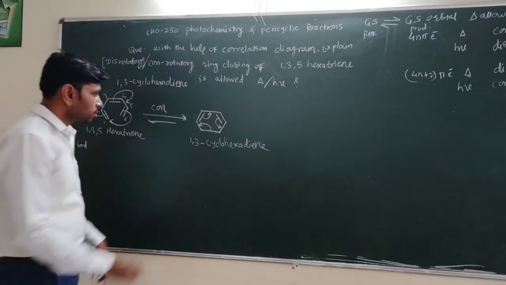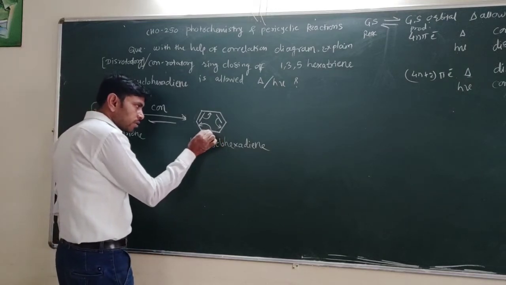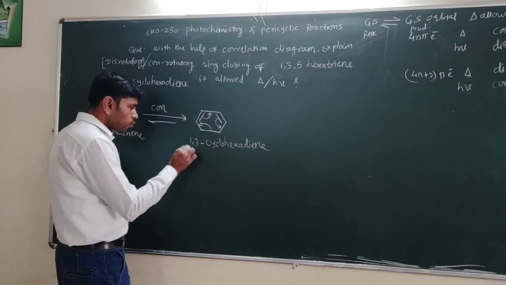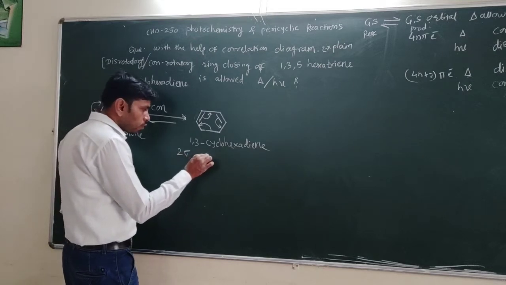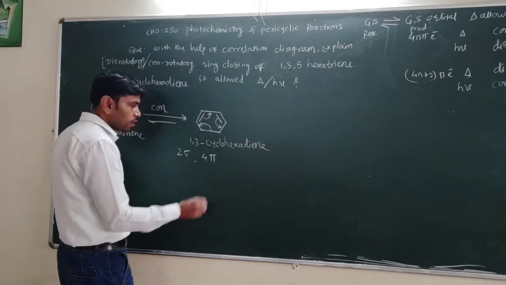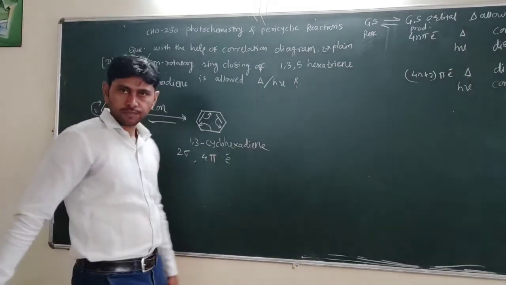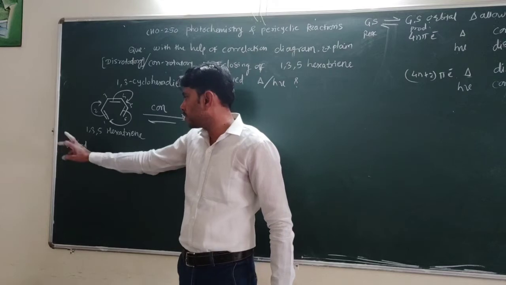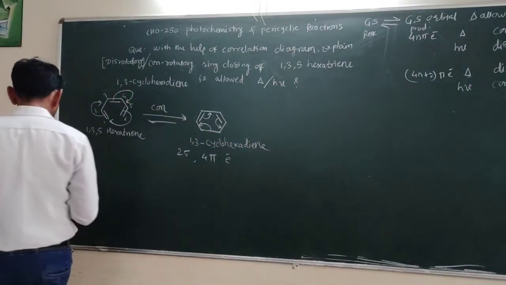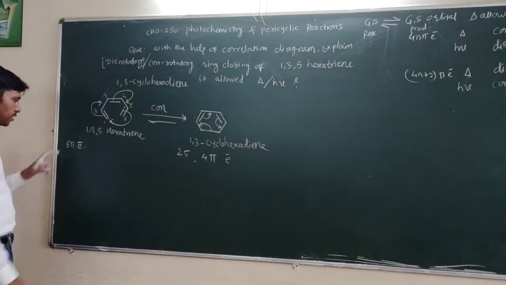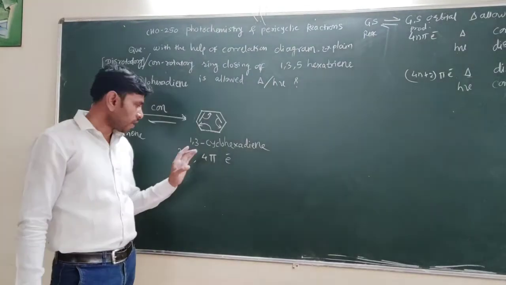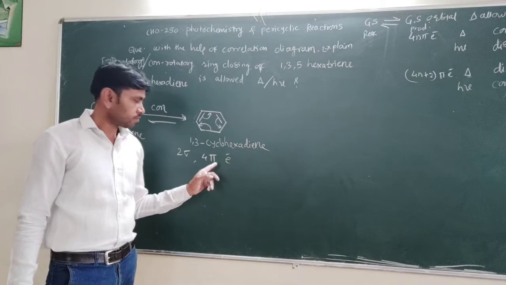So in this reaction, a sigma bond and 2 pi bonds are involved. That means 2 sigma electrons and 4 pi electrons are involved. Total 6 orbitals are there. Here all 6 orbitals are pi orbitals, and in the product 2 sigma orbitals and 4 pi orbitals.